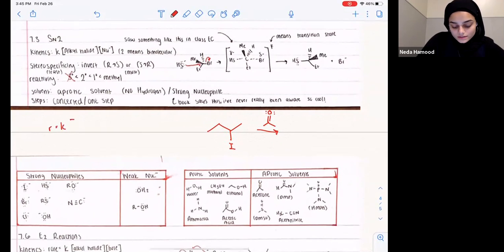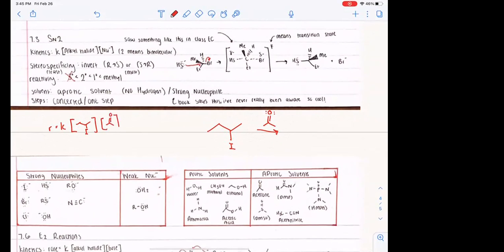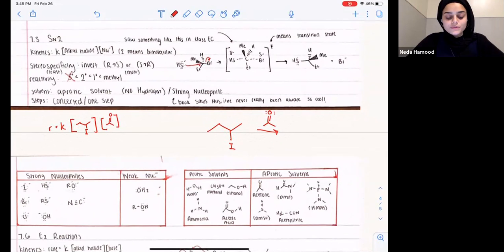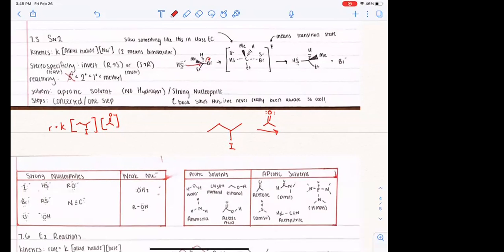We're talking about kinetics, so this is what the rate would look like for this reaction. Does that make sense? Yeah. Okay, awesome.